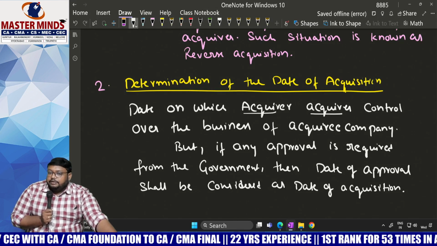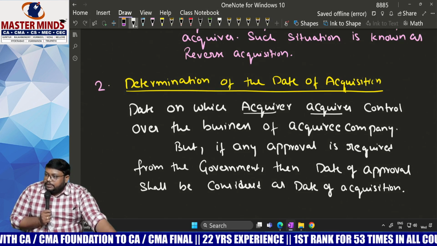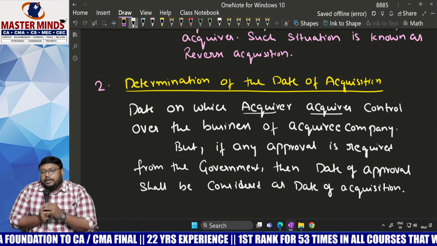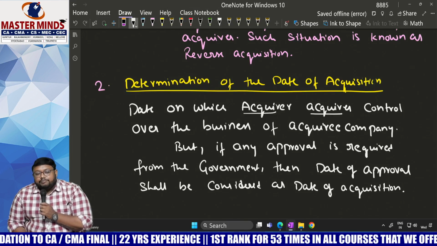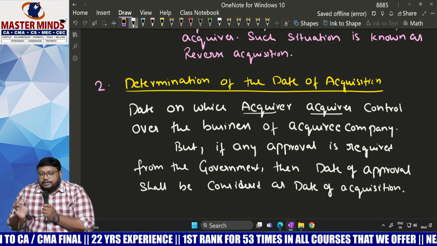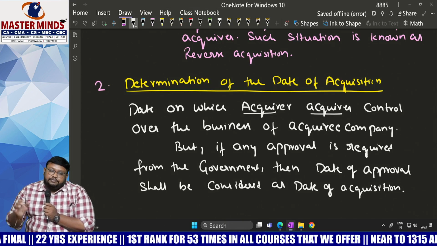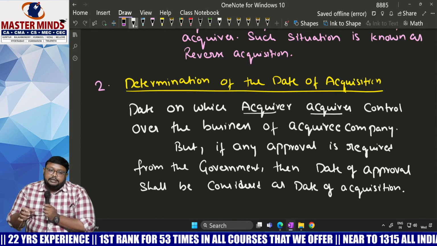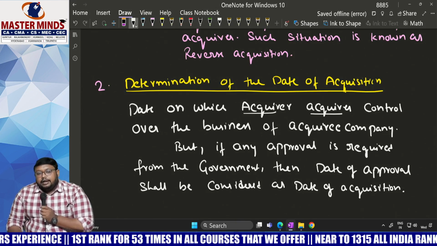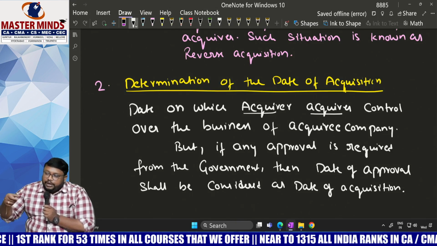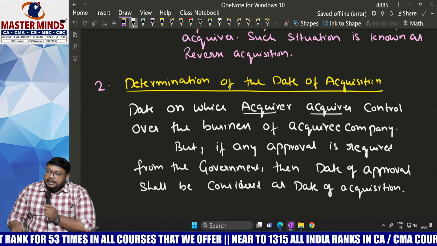Under accounting for business combination as per Ind AS 103, we have steps for the acquisition method. First step, identify the acquirer, meaning identify the accounting acquirer. In most cases, the legal acquirer will be the accounting acquirer, and in very rare cases like reverse acquisition, the legal acquiree will be the accounting acquirer.